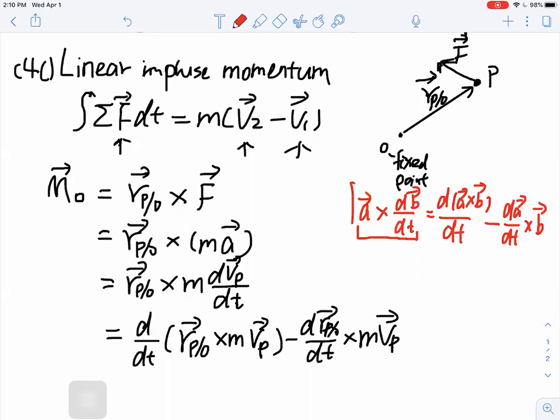So this is just a side note. That's how we change from this step to this step.